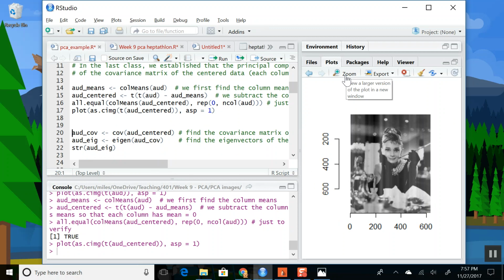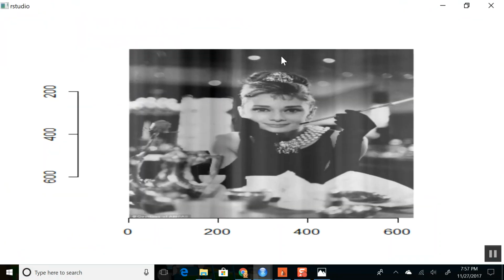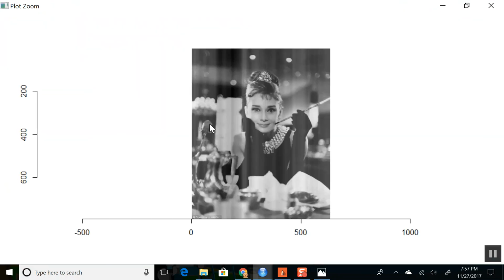When you zoom in, we have these stripes because the mean of this column was a high number, I guess because there was a lot of black in this column, so we subtract the mean so that the average of the column becomes 0. So you get these stripes because we've subtracted column means.